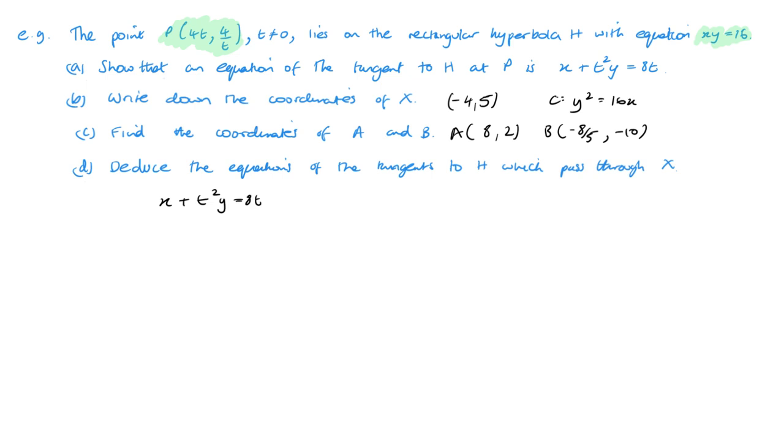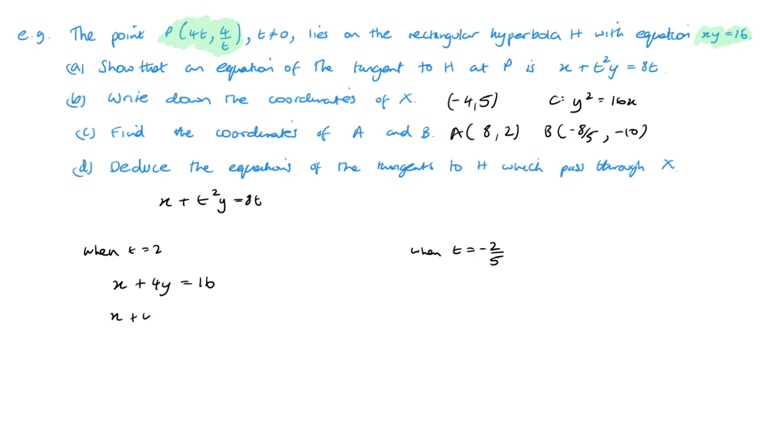But since we want the equation in terms of x and y, we're going to substitute in t equals 2, and then t equals minus 2/5. So the t values for A and B, we'll substitute them into the equation now. So x plus 4y equals 16.